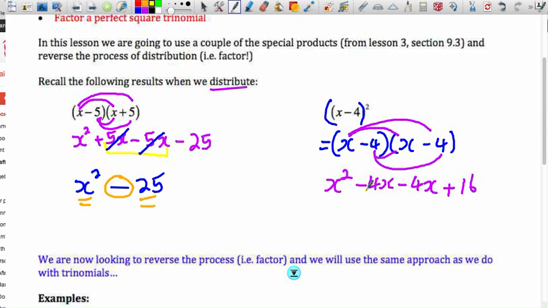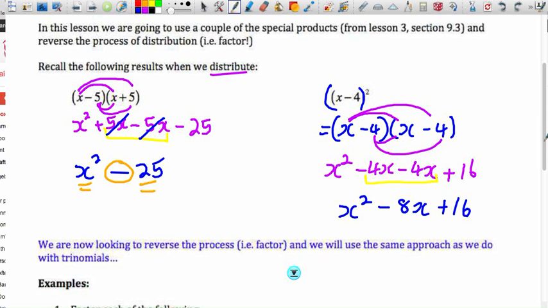Then what we're going to do is add and subtract our like terms, and our final product is x squared minus 8x plus 16, and so this is known as a perfect square trinomial. It is a perfect square trinomial because it produces a trinomial when you've completed the distribution and simplification process, but it came from a perfect square, the squaring of a binomial.